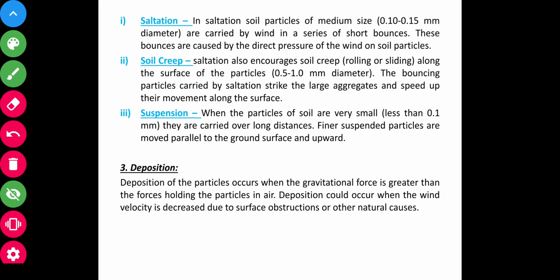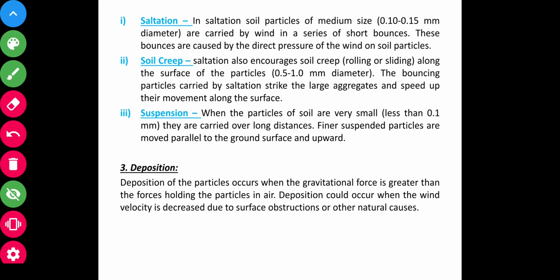Then the third phase of transportation is when the particles of soil are very small, less than 0.1 mm. That time they are carried over long distances. Finer suspended particles are moved parallel to the ground surface and upward. This type of transportation is called suspension.